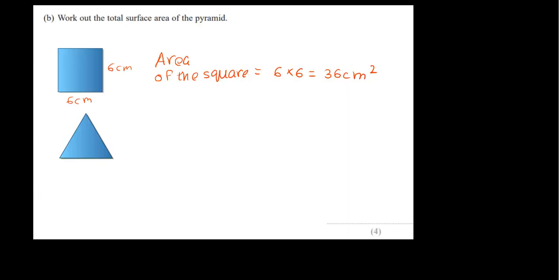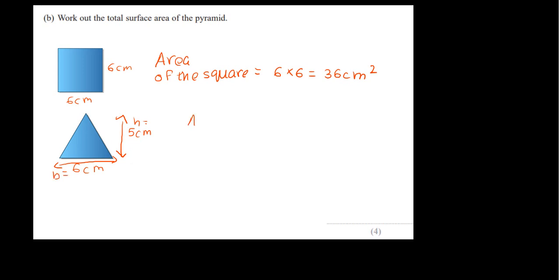In this triangle, my base is 6 centimeters across, and my height, the vertical height that makes a 90-degree angle with the base, is going to be 5 centimeters. Let me write height here. That's my base. So let me just move the base slightly more to the left.